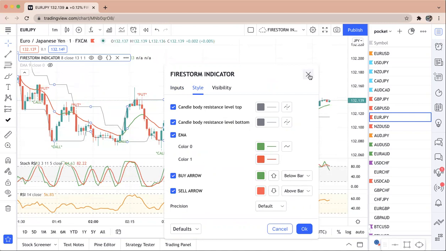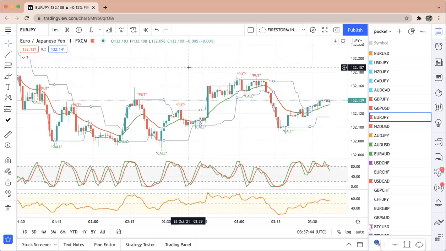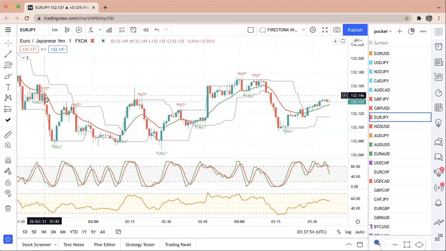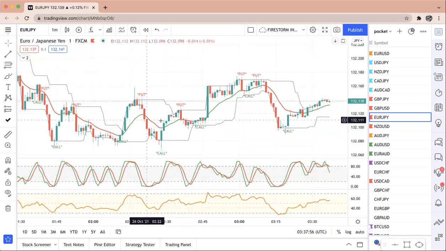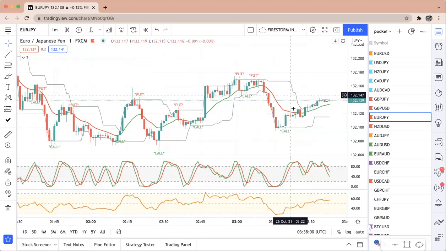So, with this strategy, you're not going to take every single signal by heart. The reason is you see right in the center here there is an EMA, and this EMA changes colors with the trend.